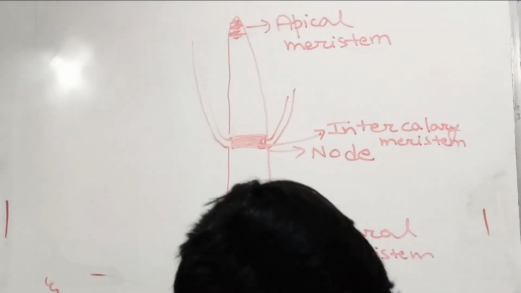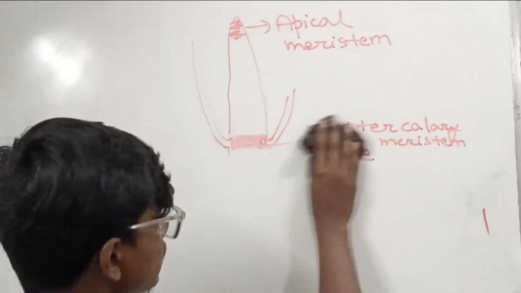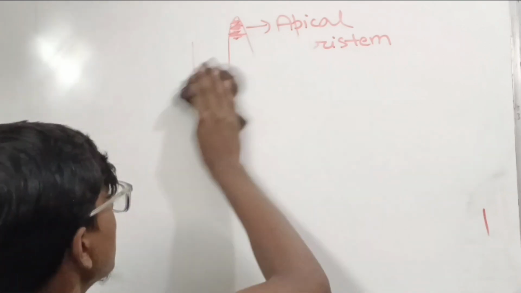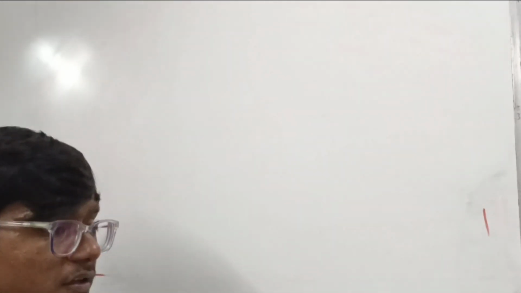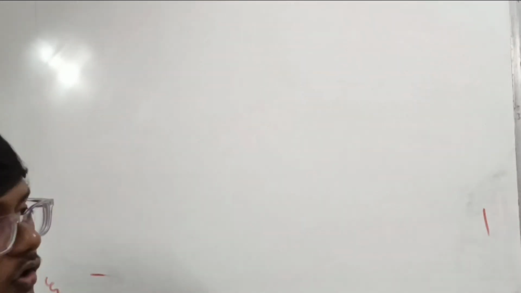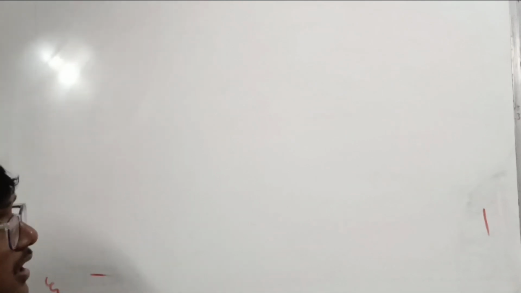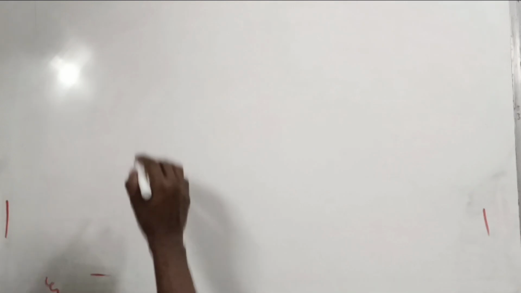Now next we will see permanent tissue. See, permanent tissues are nothing just opposite to the meristematic tissue. What was the function of meristematic tissue? It has the capacity to divide. But here the permanent tissues are not having any capacity to divide.